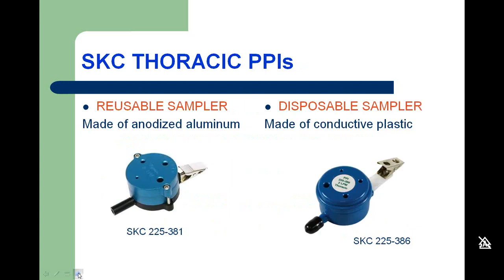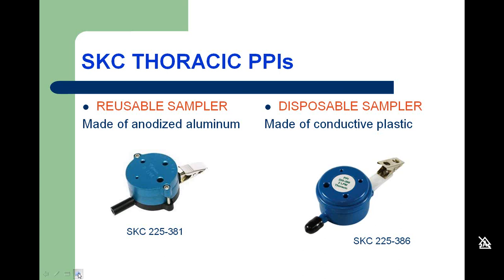SKC thoracic PPIs are available in reusable or disposable options. The reusable thoracic PPI is constructed from anodized aluminum, and the disposable PPI is constructed from conductive plastic. The disposable model eliminates the burdens of sampler assembly and cleaning and is available preloaded with filters for designated applications.